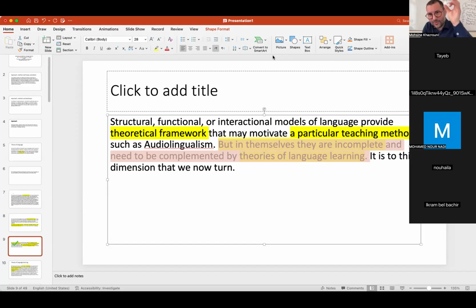That's the word I'm looking for, an approach, because an approach is a theory. So what's the theory or approach behind all these practices in the classroom? Is it audiolingual? Audiolingualism is a method. You said dialogue. What do you think about dialogues? Are they audiolingual or communicative?